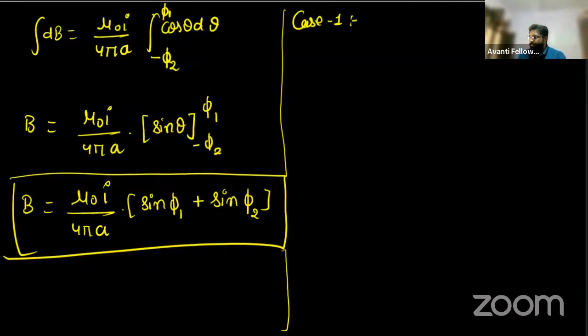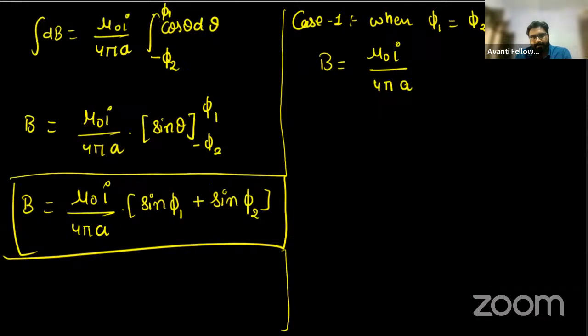The first case is when phi 1 is equal to phi 2, which means the point P lies on the perpendicular bisector of that particular line charge or current wire. In that case, B would be mu naught I over 4 pi A times 2 sine phi.